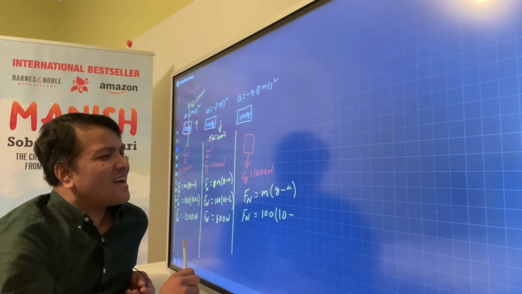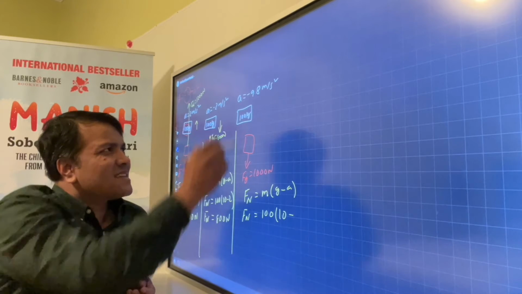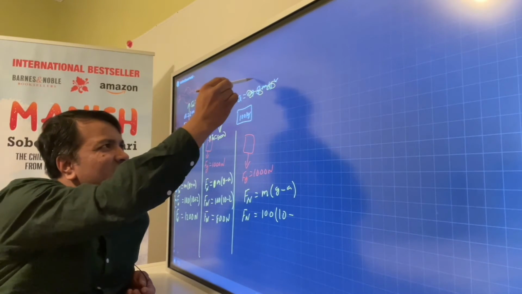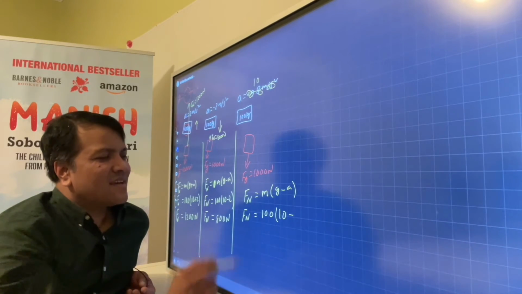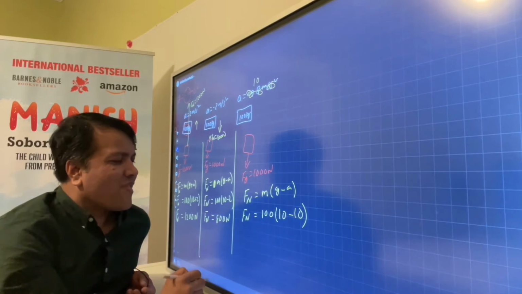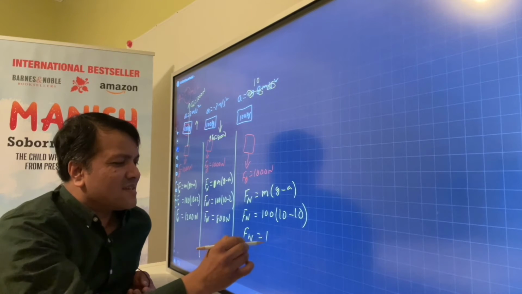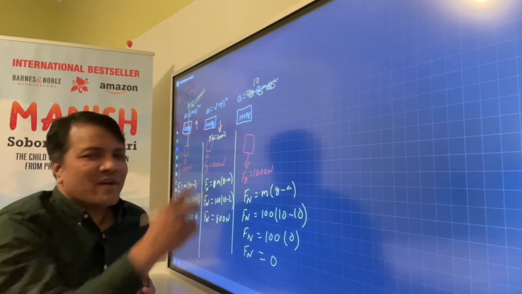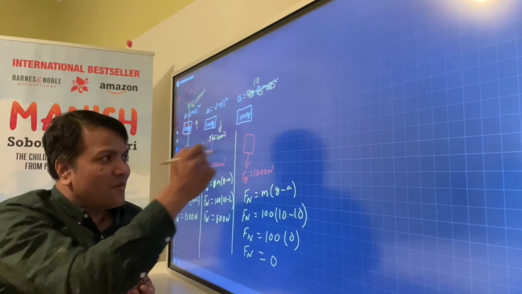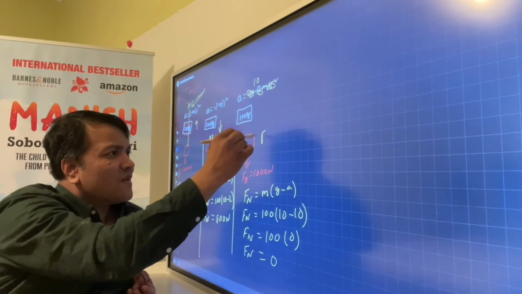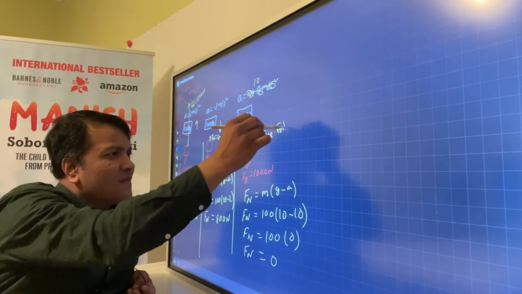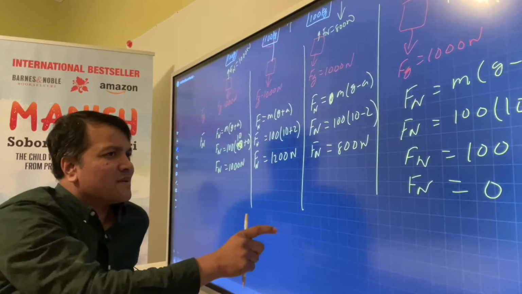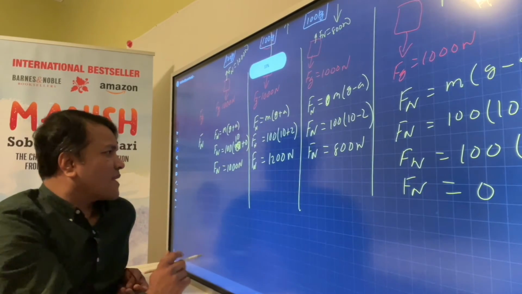Let's use acceleration due to gravity is 10. All right, so Fn, a is negative 10. Okay, so Fn is 100 times 0. So Fn is 0. There is no Fn. Right, this is free fall. Free fall. So Fn is 0.